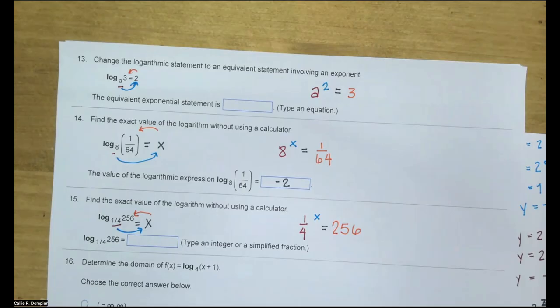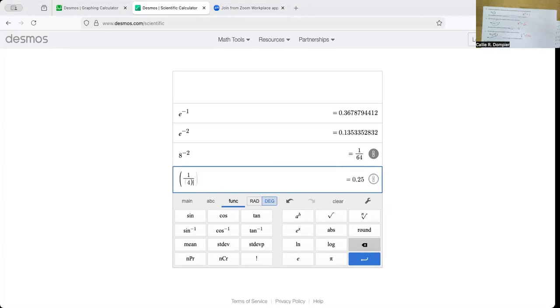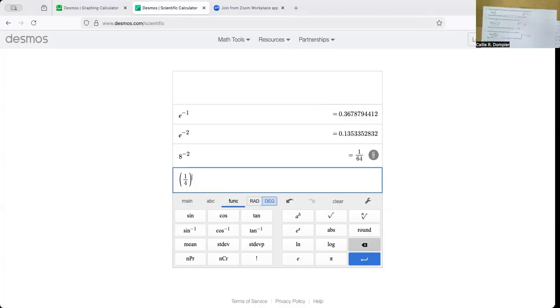Good. 1/4 to the power of what would equal 256? -1 to the power of -1 is 4. What about -2? It's 16. -3 is 64. -4 is 256. So our answer is -4.